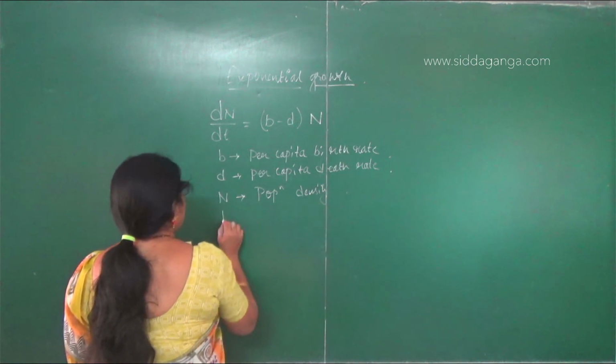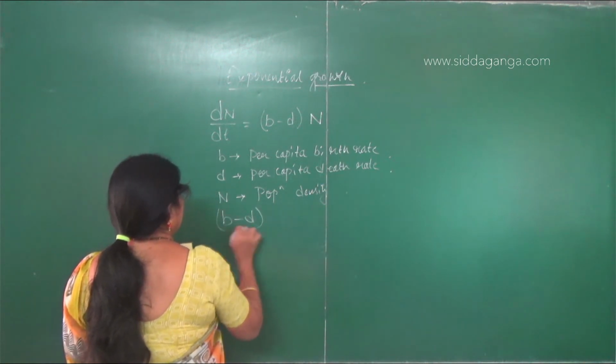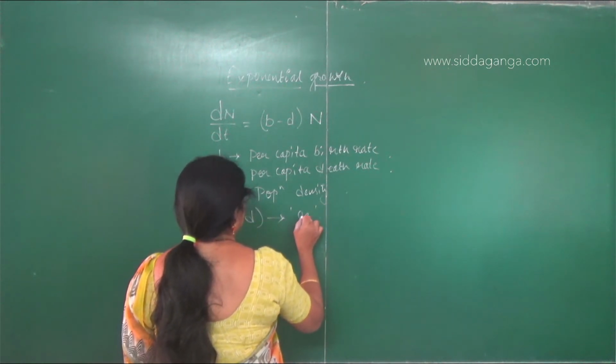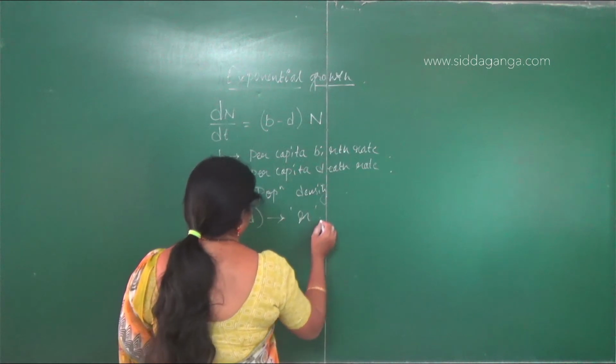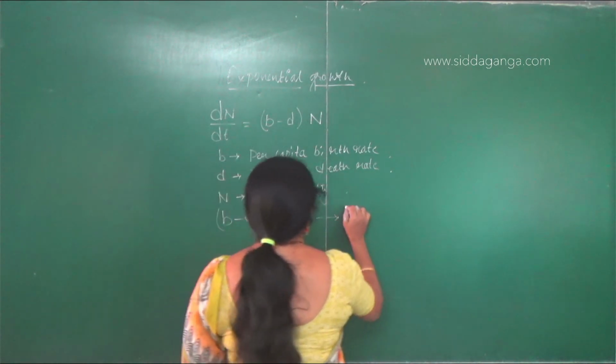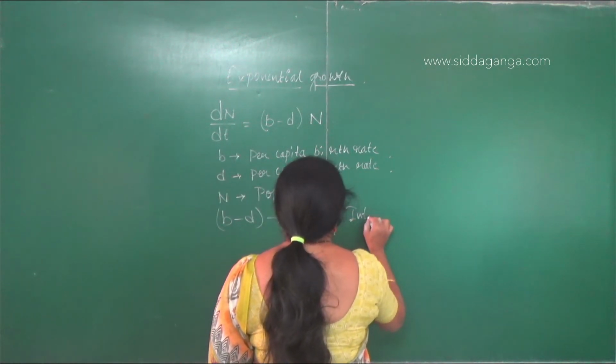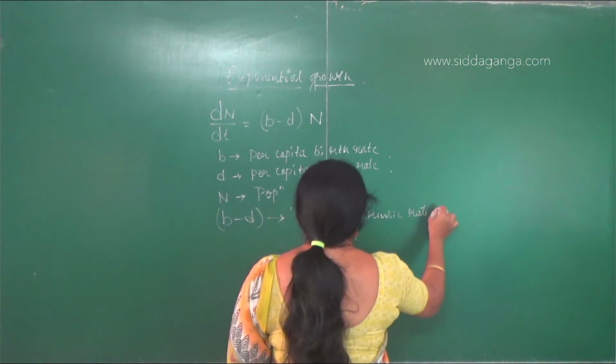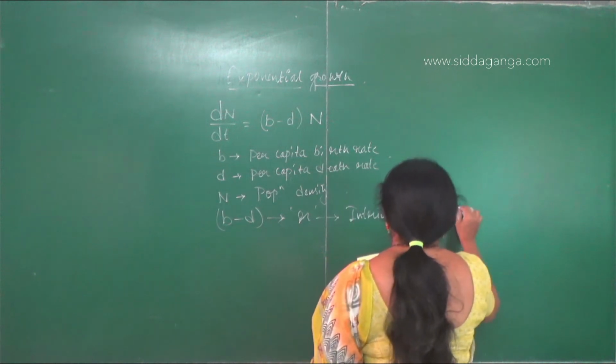So now b minus d is represented as r, which is called the r value, which means intrinsic rate of natural increase.